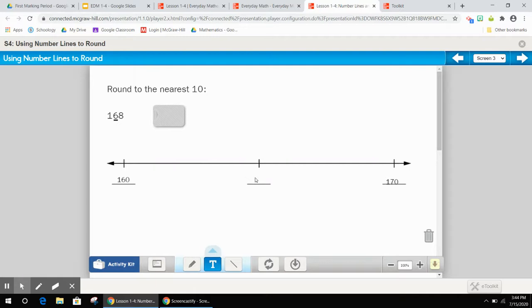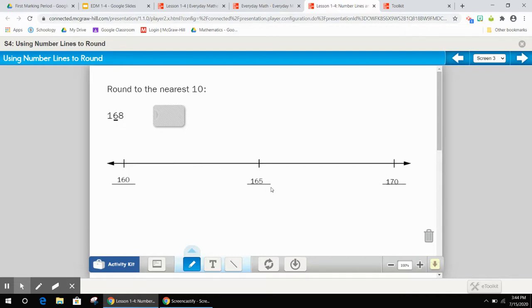And again, remember that this number is not going in the middle here. We're thinking about which number is halfway in between 160 and 170, and that number is going to end with a 5, 165. Now I'm going to draw a line where I think 168 would fall.